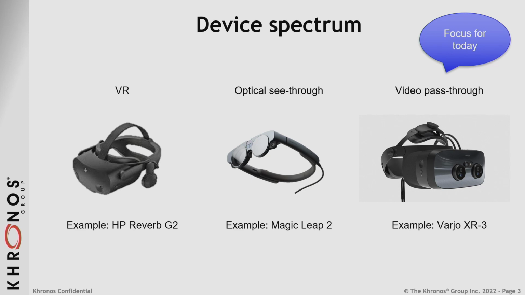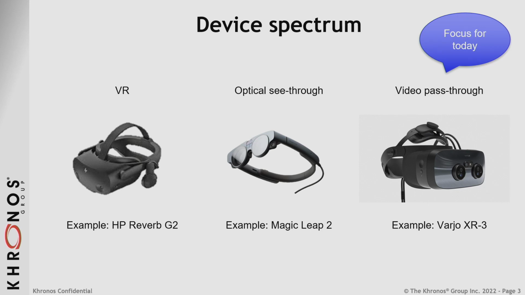Here we have the spectrum of devices, and on the left-hand side we have a VR device, and a VR device replaces all of your real world with rendered content. Then the two devices on the right are mixed reality devices.